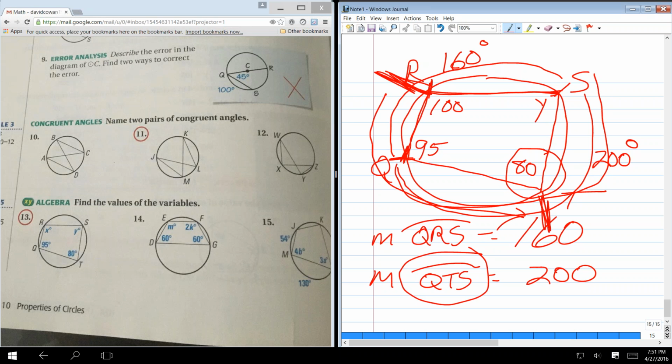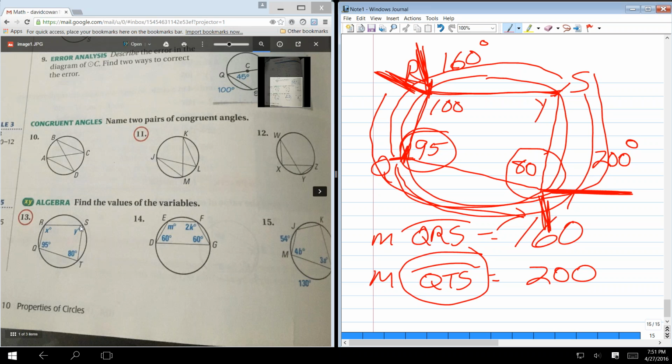We don't have an easy way of figuring it out based on the information we have at this point. Had we worked with this angle instead of 80 to begin with, then we would have that arc, and Y would be subtending the other half of that circle, so we would do it a different way. But the key here is to solve for one of them based on the measurements of the arcs, and then solve the other one based on the fact that the angles all have to add to 360.